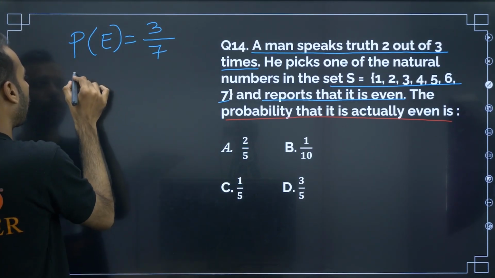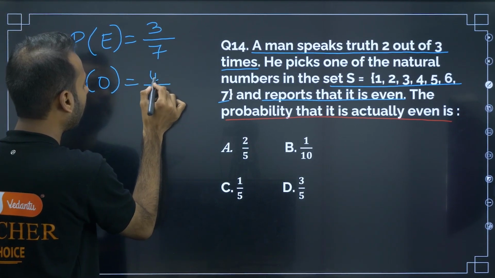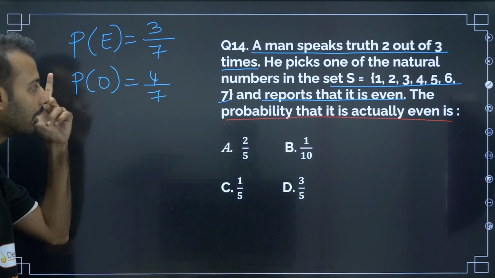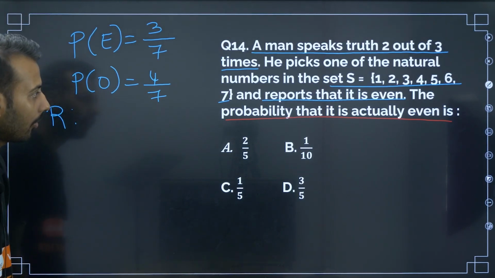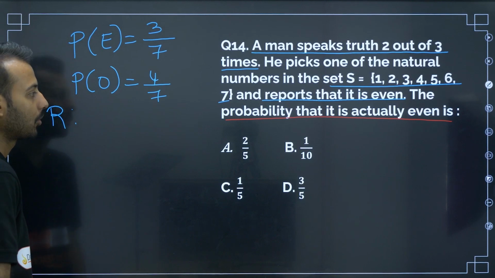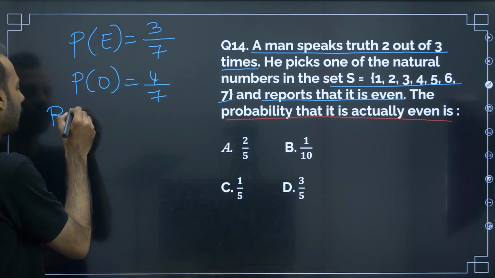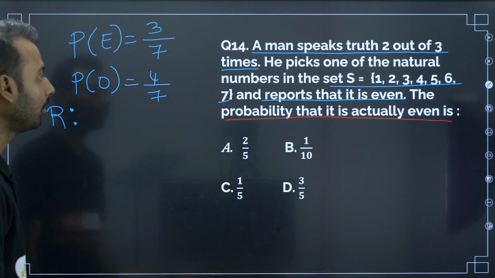Total 7 numbers. Probability of odd: how many odd numbers are there? 4 divided by total 7. So this much of information I will get from here. Next, R be the event. R be what? The probability that it is actually even. R is one event. What is this event? That it is actually even.